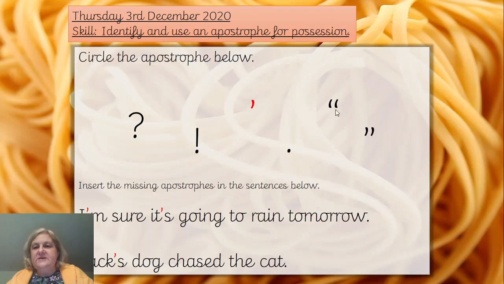And you can see that we call these 66 and 99, which show you the opening inverted commas where we have speech, and the apostrophe is similar to the closing inverted commas. So it comes down and then round to the right hand side and then just slightly down.